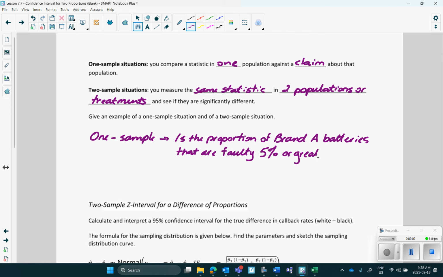So we take one population, brand A batteries, and then we can construct a confidence interval. And if in the confidence interval, everything is either 5% or above, then we would say, yeah. If when we got our confidence interval, we got values below 5%, then we couldn't say yes for sure. And so those are the ones we've already done.